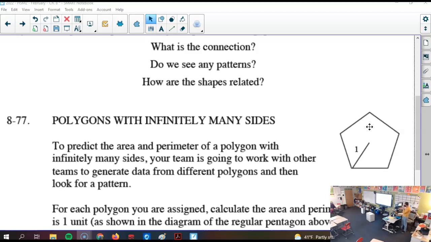I knew that. And then, wait, we didn't even need the 72, because that's just 36. Are you getting both area and perimeter? Sure.